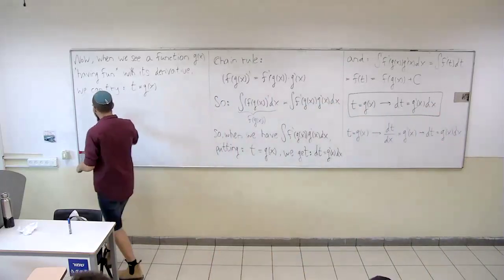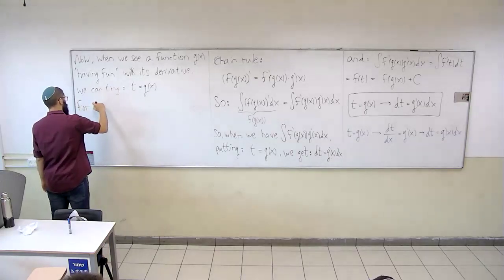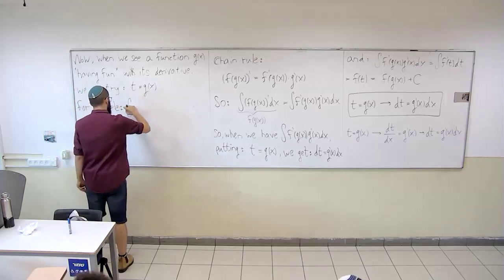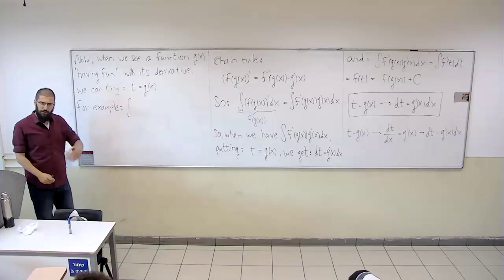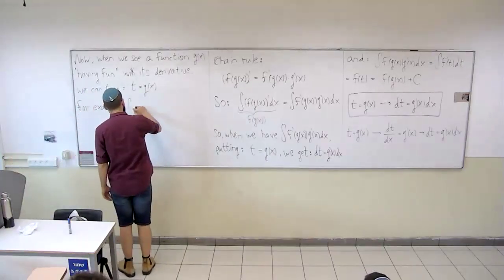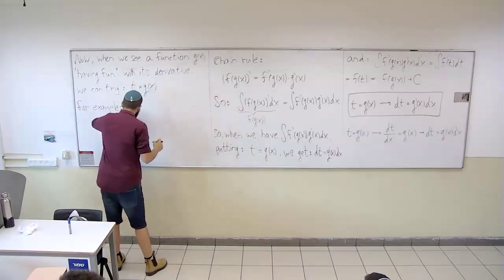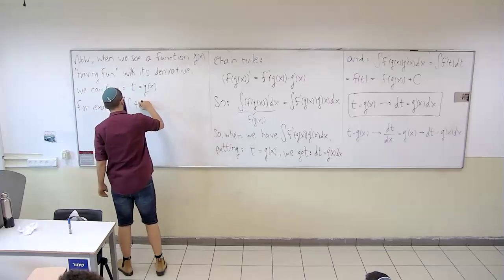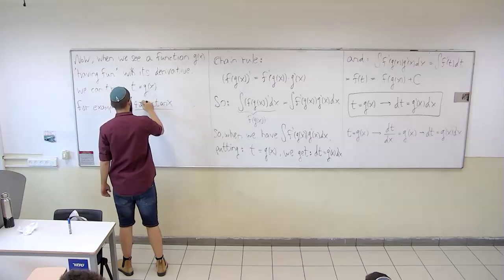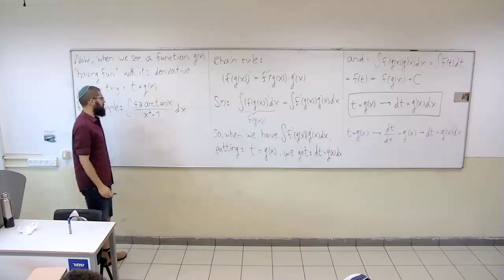So let's have an example. For instance, something simple, a number you all love, 42. Let's put it: the integral of 42 arctan x above x squared plus 1 dx.